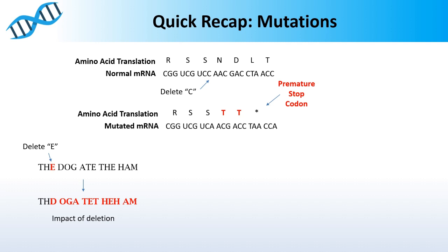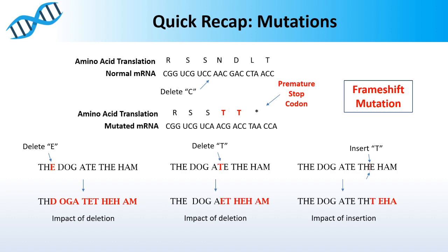If you were to delete the first E, you get this, which makes no sense, as your reading frame is shifted 1 character to the left. Well, this is exactly what happens if a deletion or an insertion of a base occurs in a protein coding gene, and it's called a frame shift. And its impact on protein sequence depends on whereabouts in the protein sequence that it occurs.